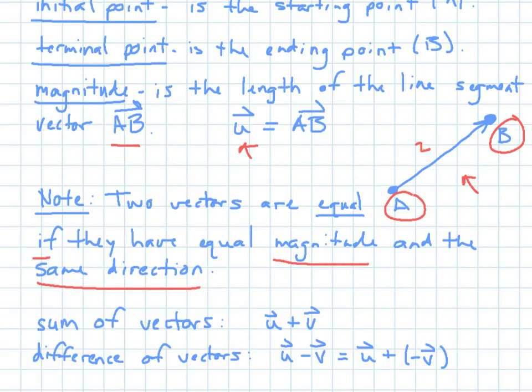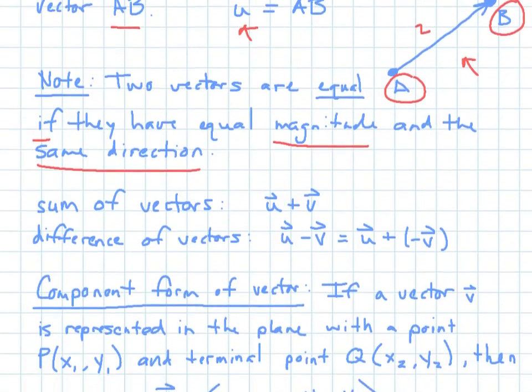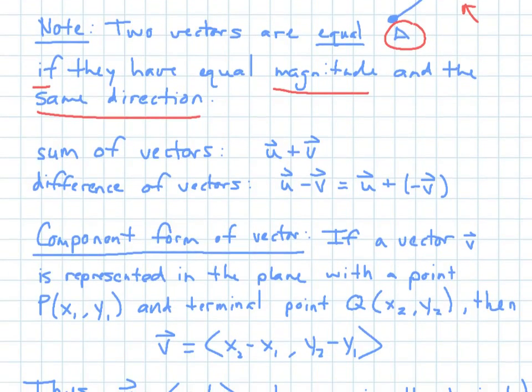Now the direction is indicative of the values that we use, so we'll talk about those here shortly. So when we are dealing with vectors, we can add them, and we can subtract them. So like U and V, I can add them, I can subtract them, which is the same thing as adding the negative of the other vector.